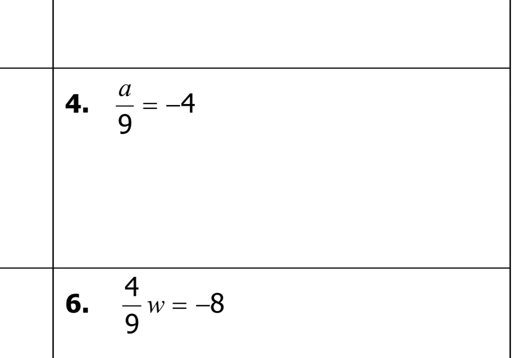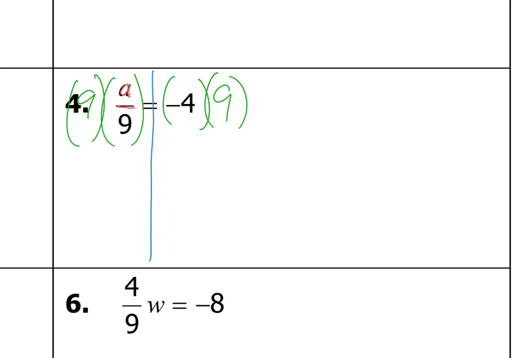All right, A is being divided by 9. I can't write my 9s like that. Anyway, so what are you going to do? Well, it's already simplified. So to get it, we want to get A by itself. We're going to multiply by 9 on both sides. So these 9s will cancel, because what's 9 divided by 9? It's 1. If you didn't know that, think about it this way.